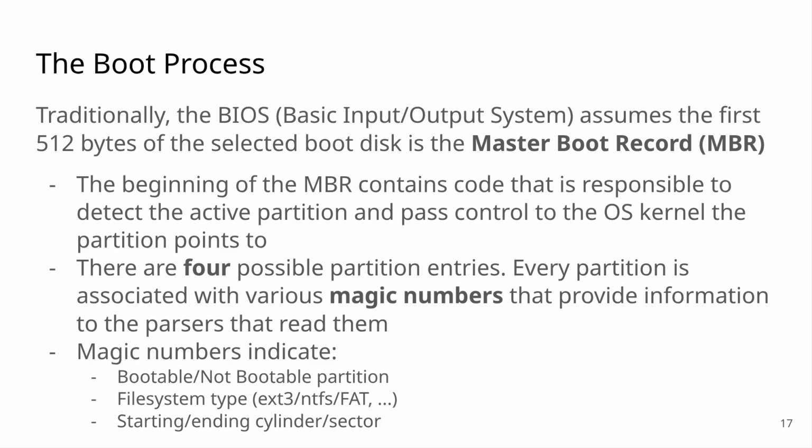So for example, an NTFS file system has a certain number, for example 0x7, while a Plan 9 file system or a Linux file system has a different number. So one thing is this number that tells the BIOS what type of file system is there, and if that file system is bootable afterwards, and the starting and ending cylinder and sector of that partition.